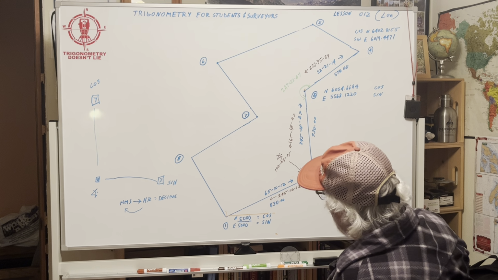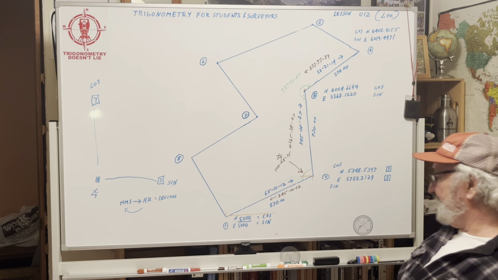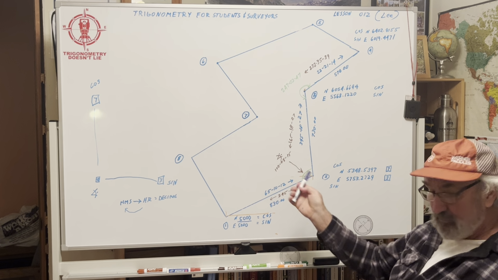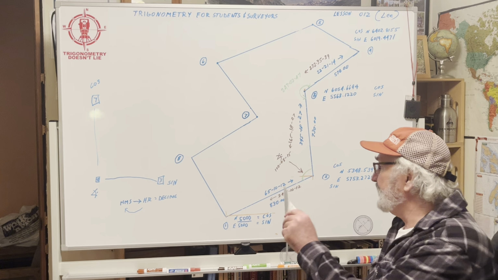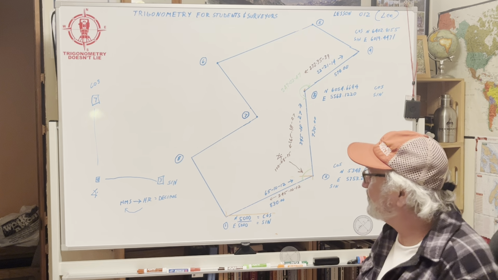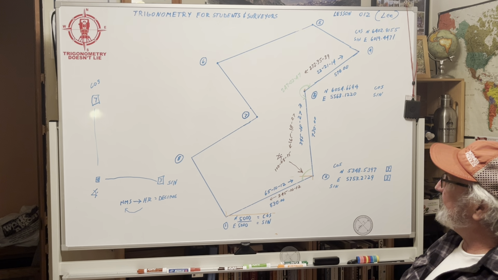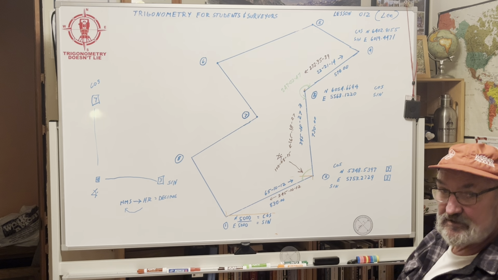So let's review. We started out with assumed coordinates 5,000, 5,000. We made the number large enough so that wherever we move on our survey, on our big closed loop traverse, whether it's going around a block, two blocks or a whole city, you don't ever run into negative numbers. That's the whole point.